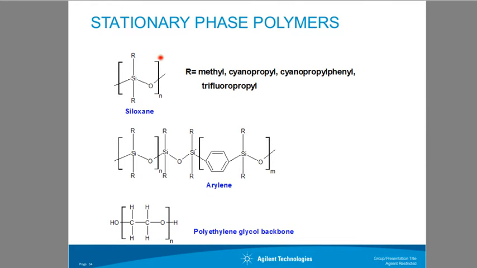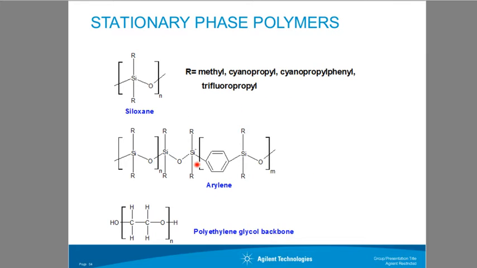With the wall-coated, we have various different types of stationary phases. Same with the PLOTs. As you look at something like an HP5, that 5 represented a 5% phenyl onto a 95% dimethyl polysiloxane. That's the backbone of almost all wall-coated columns.